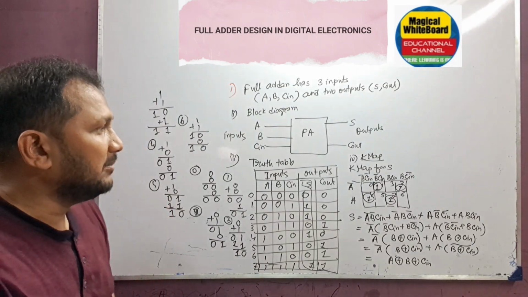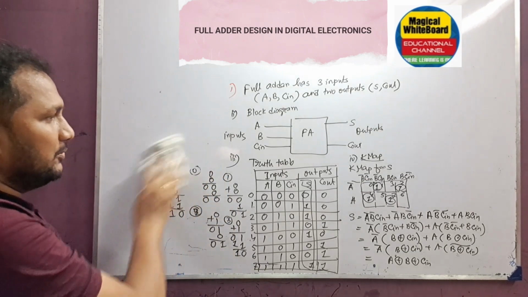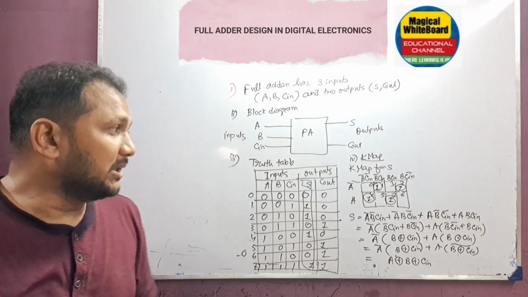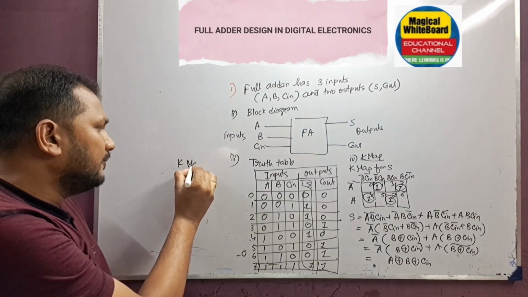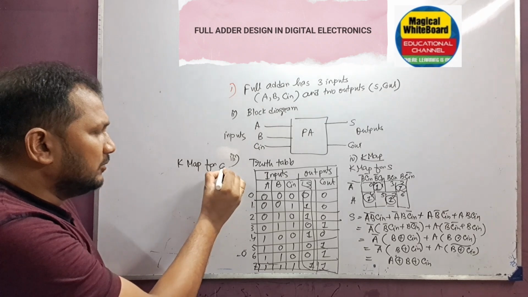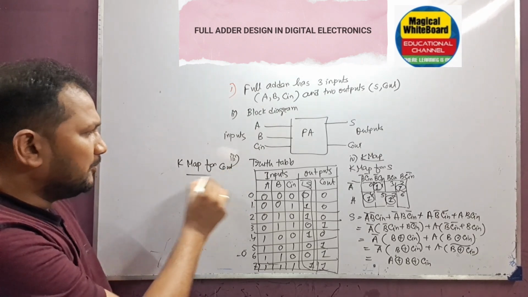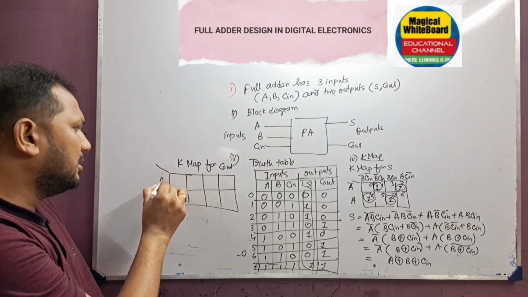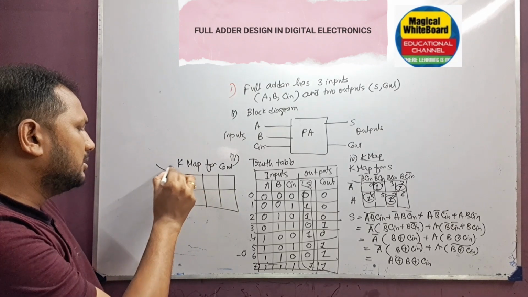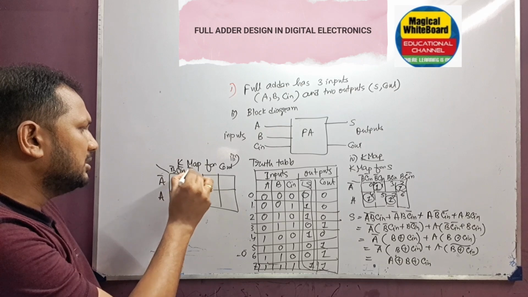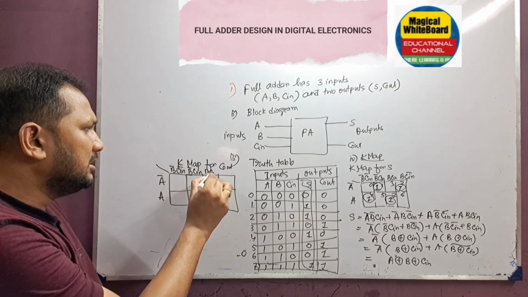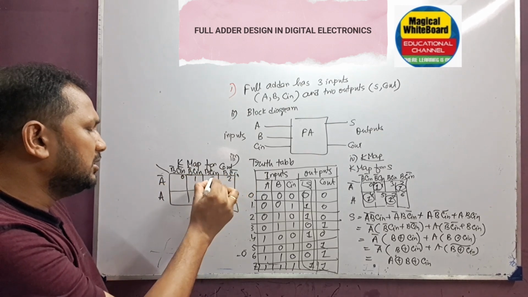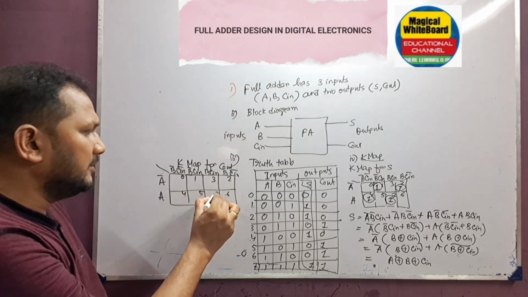Now we have to find the K-map for carry, Cout. Finally we can design the circuit from the Boolean expression. Now the K-map for Cout, I am writing here. This is the 3 variable K-map, with A, and B'Cin', B'Cin, BCin, and BCin'. The decimal values are 0 1 2 3 4 5 6 7.